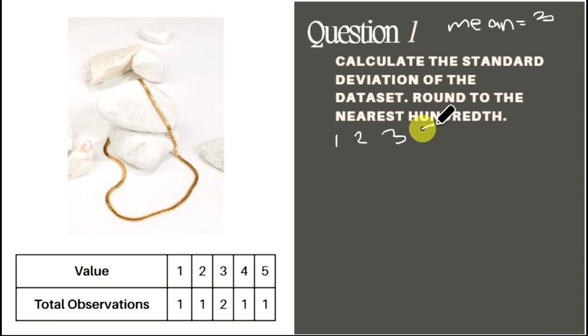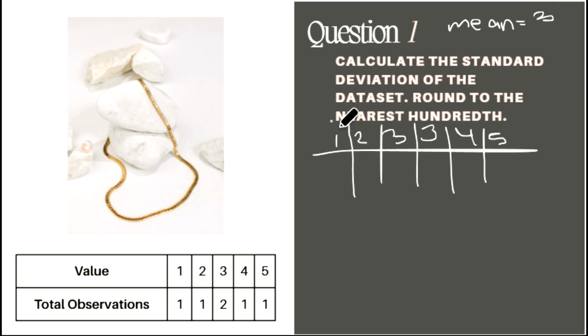We have to have 3, 3, 4, 5, and we need to find the difference from the mean. So we take the numbers here and subtract the mean. 1 minus 3 is negative 2. 2 minus 3 is negative 1. 3 minus 3 is 0, 0. 4 minus 3 is 1. And 5 minus 3 is 2.